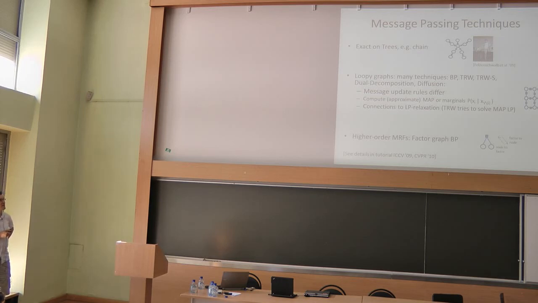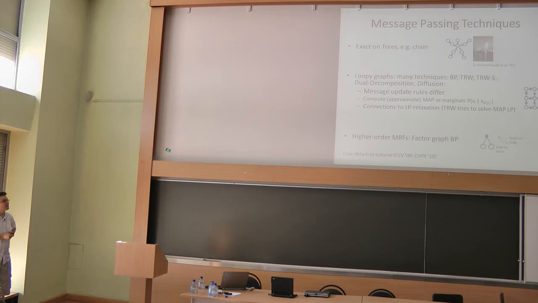You have some observation here, and you then try to find the optimal layout of the body parts. This is simply using dynamic programming because it's a tree in the end. For loopy graphs, there are many different techniques: BP, TRW, dual decomposition, and diffusion, and they differ in terms of the update rules.